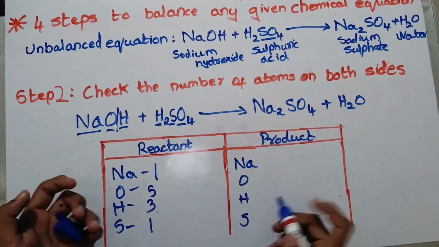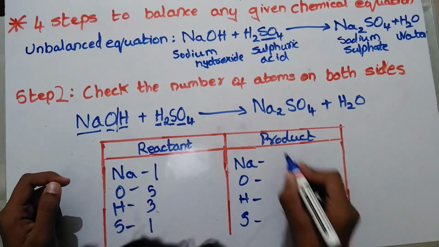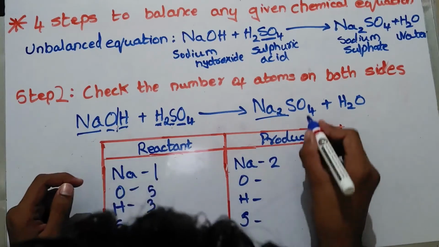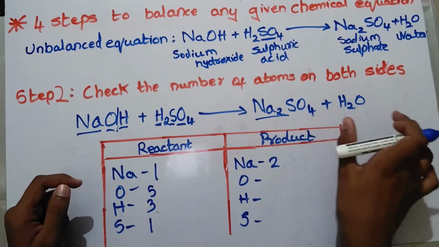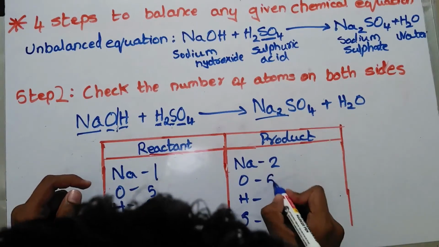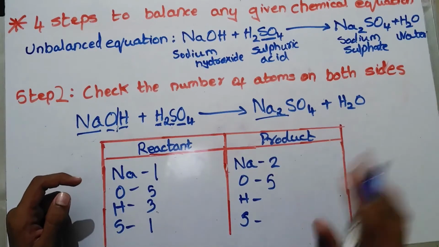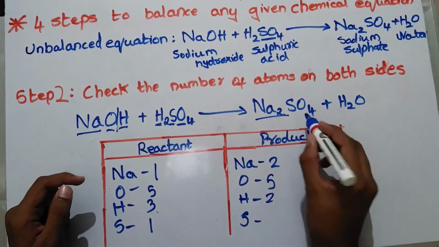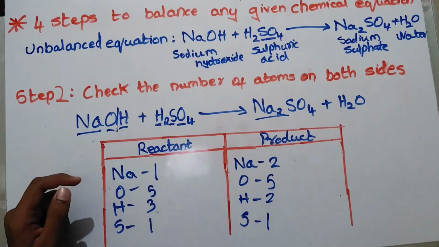So these are the same elements which are being followed in the product side also, but the atom number may be different. That is, Na has 2, O is 1 here and 4 here, that means 1 plus 4 is 5. H is here only, no other hydrogen, so it has 2 hydrogen atoms, and 1 S only, so we will be taking 1 here.